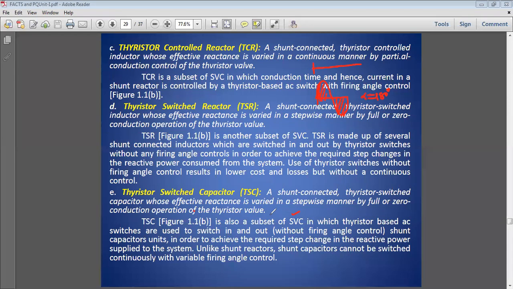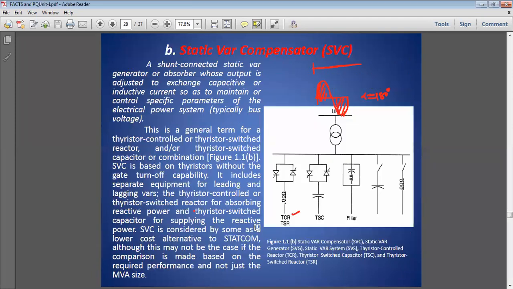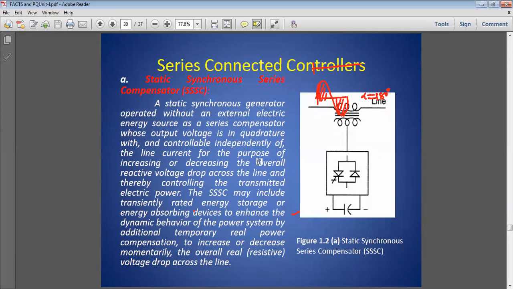So here the capacitor value changes with either zero conduction or full conduction. So these are the shunt connected controllers. Now the series connected controllers.